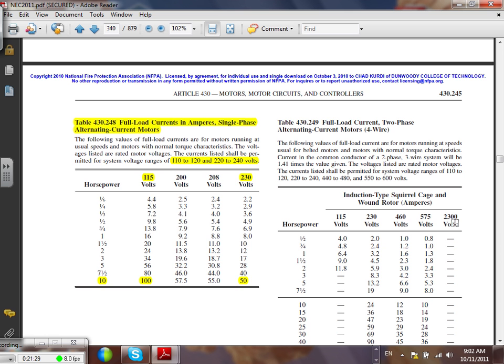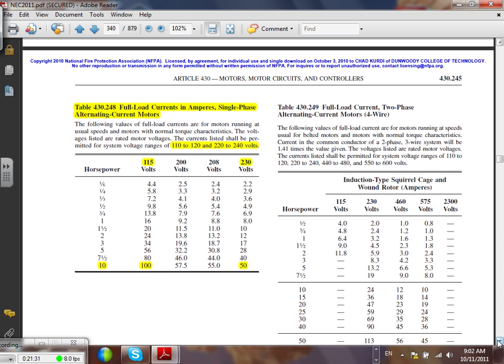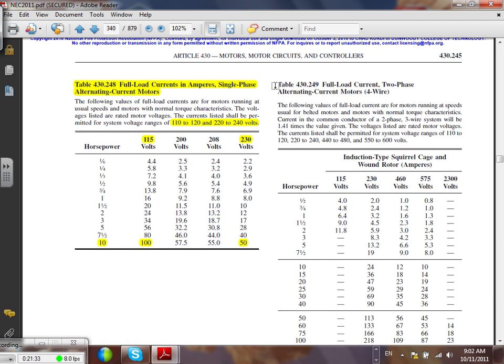Full load current, two-phase, four-wire. The one right next to it here is for a two-phase system. God forbid that any one of you will work with these. So two-phase, everybody knows the difference between two-phase, three-phase and single-phase. A two-phase system comes from two hots with a 90-degree electrical angle between them. You rarely if ever will see this.